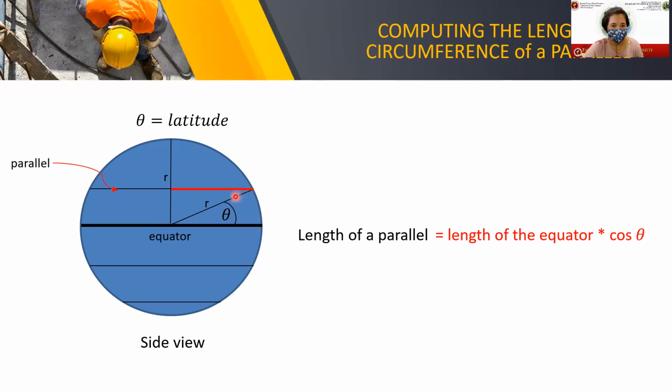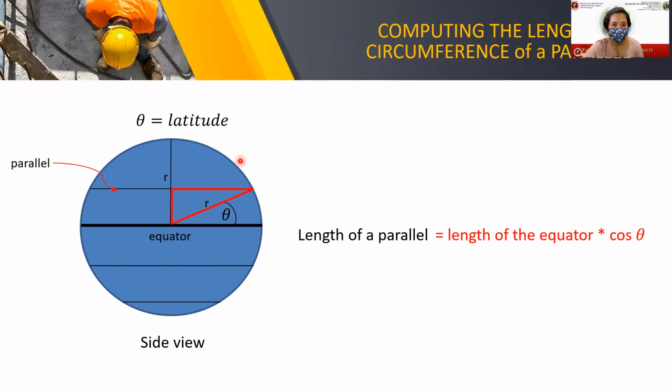This is now the radius of that sphere, which is denoted as R, and this one is also the radius of the sphere. So we have here the latitude of that certain parallel. Diba? This is the latitude of this parallel. So we are going to compute how long is this parallel given we have the theta.